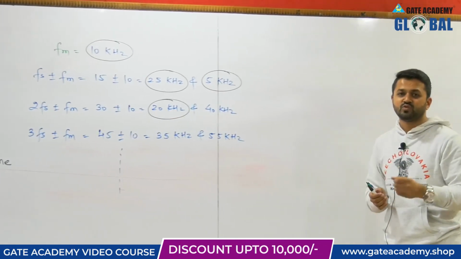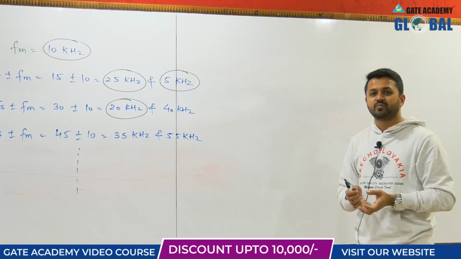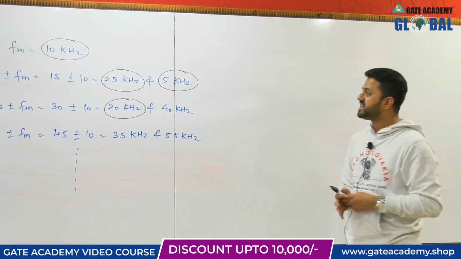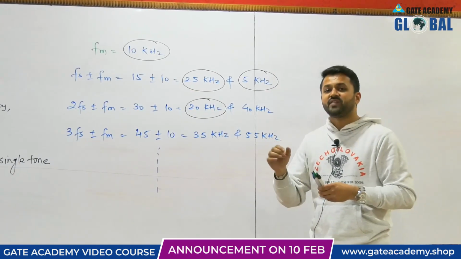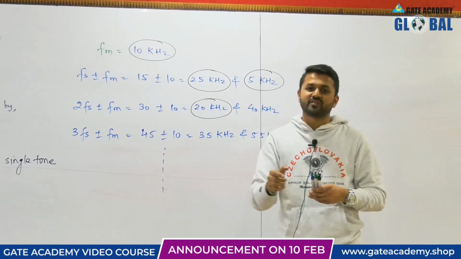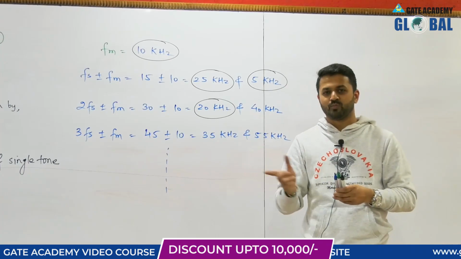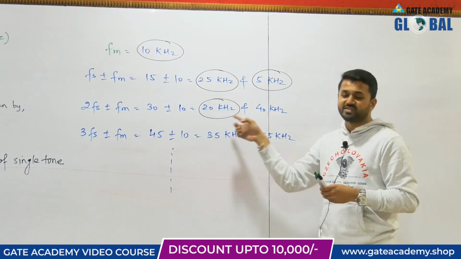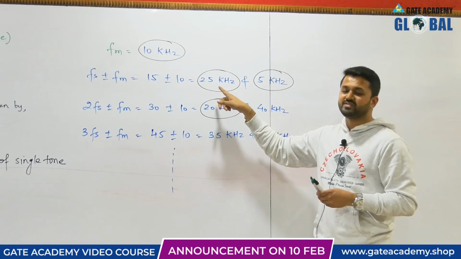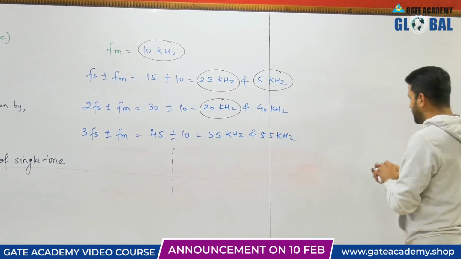If I ask you what are the 4 different frequency components present at the output of low pass filter, then the answer would be 5, 10, 20 and 25. And if I ask you the maximum frequency component present at the output of low pass filter, the maximum frequency will be the maximum of these 4, and the maximum of these 4 is 25.